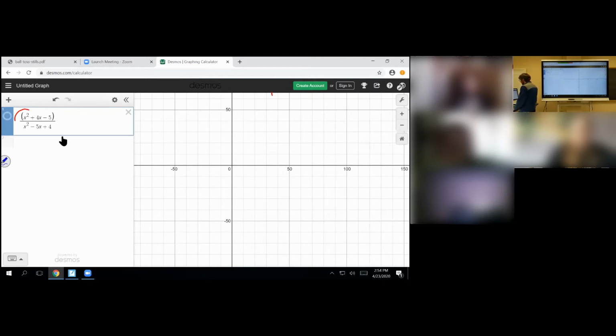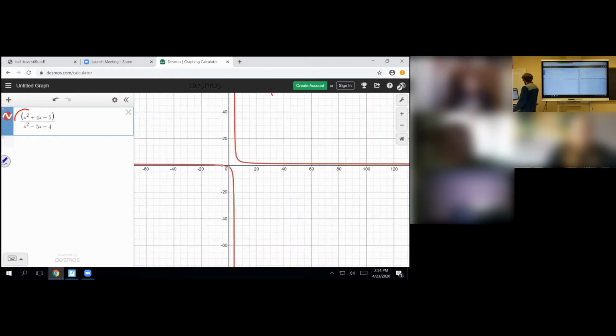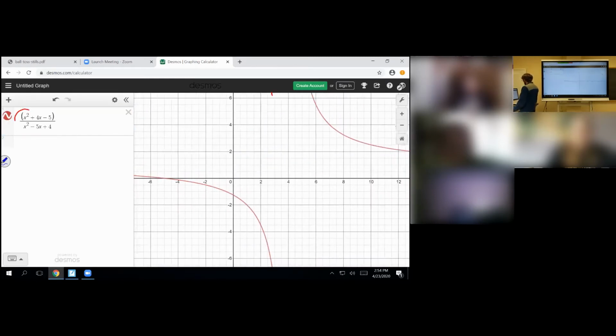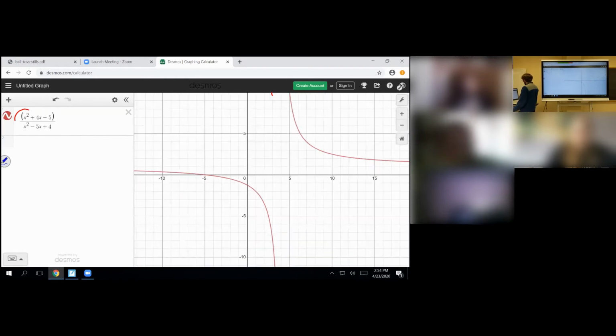Okay. So I graph that. Let's just go back home and we'll zoom in a little bit here. Okay, so you can see those two things that we found. We found the x-intercept at -5, and you can see the vertical asymptote at, I forget where it was, at 1.